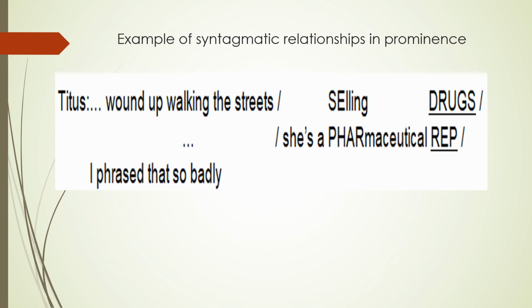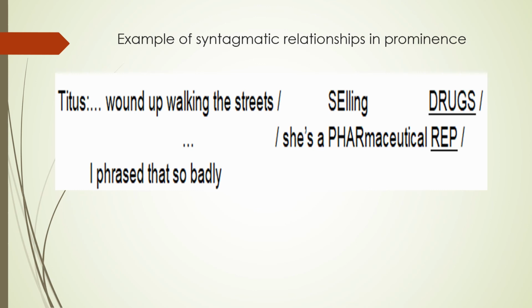Okay, so we have here an example in which the character in a sitcom is talking about a woman, and she says that woman wound up walking on the street selling drugs.